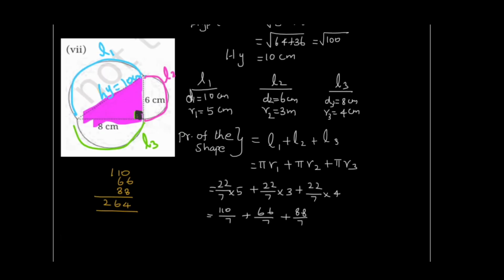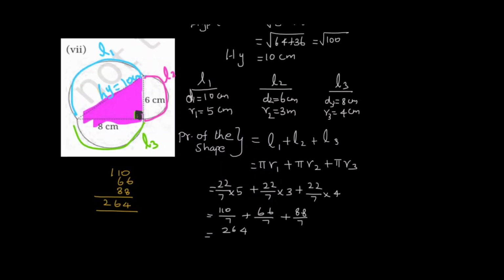Reducing this with the 7 table, 264 by 7, 37 times, remainder 5. We need not keep a decimal.